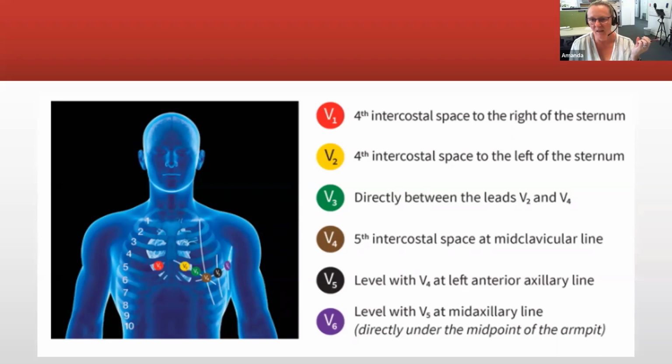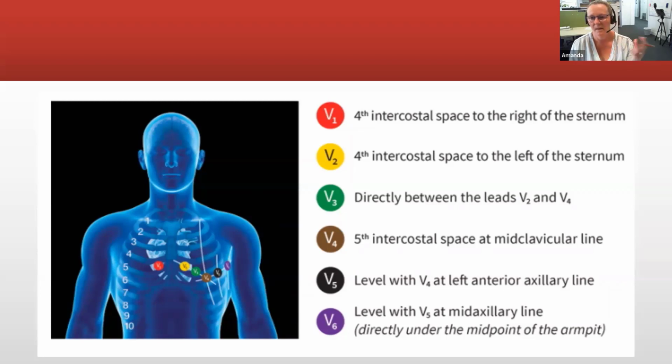And then V3 directly between the leads V2 and V4. V4, fifth intercostal space, mid-clavicular line. If you find that V4 does sit directly on the nipple, you just need to let your patient know that that's where it's going to go.